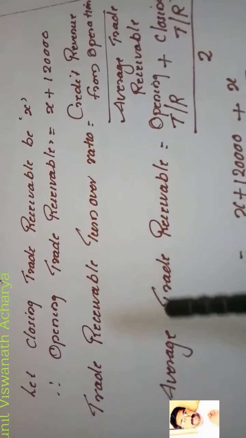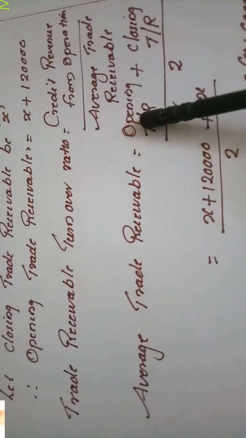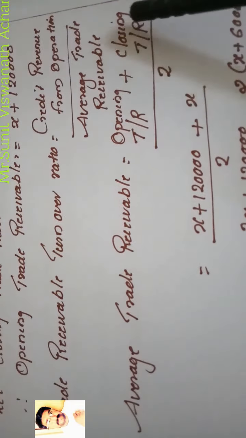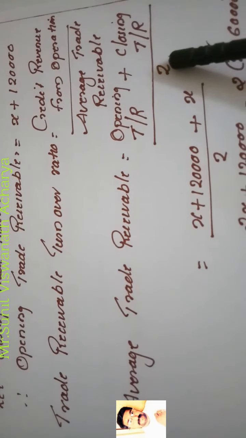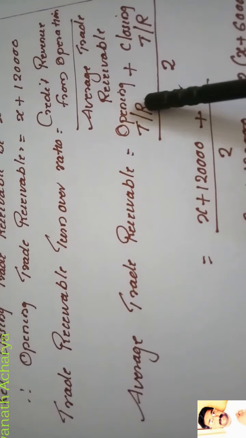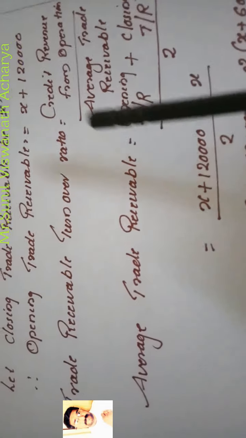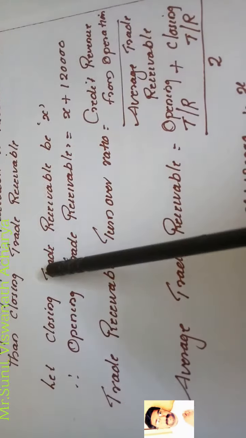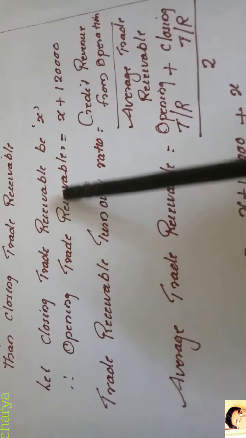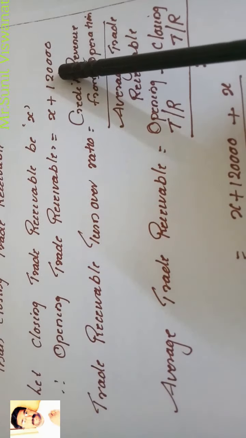From this, average trade receivable we can write as opening trade receivable plus closing trade receivable divided by 2. Trade receivable means both debtors and bills receivable are included. Here we have taken closing trade receivable X, opening trade receivable X plus 1,20,000.